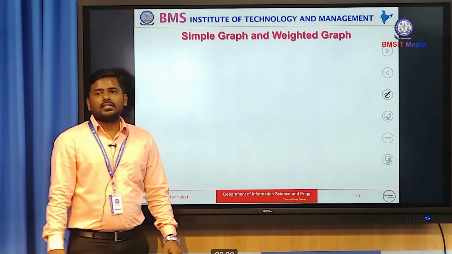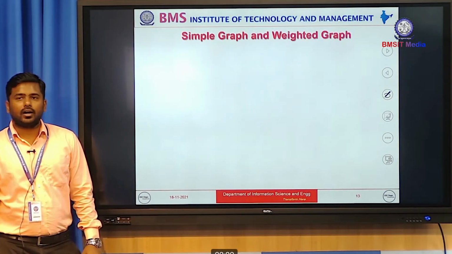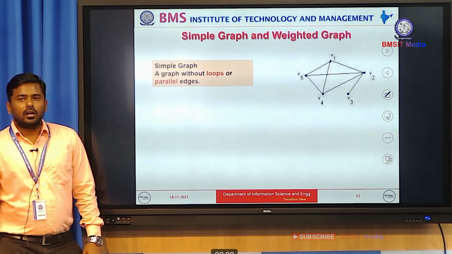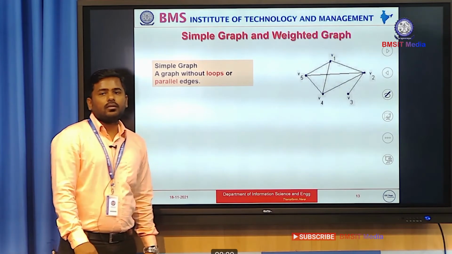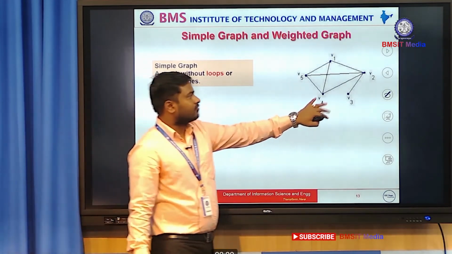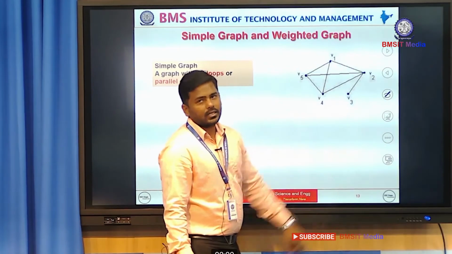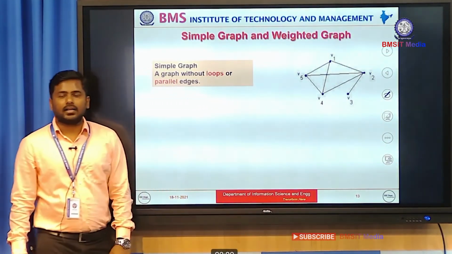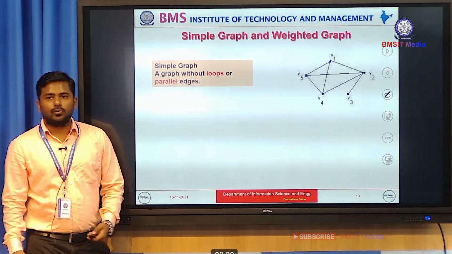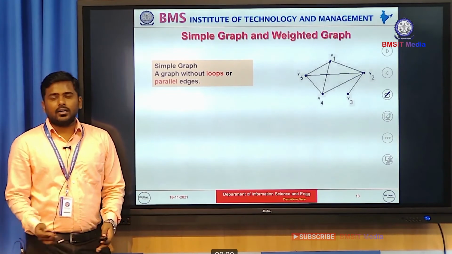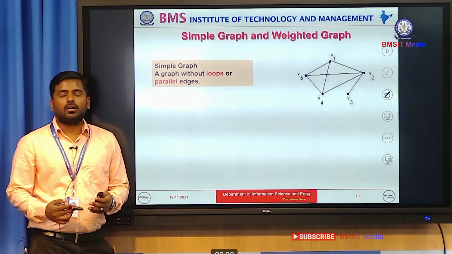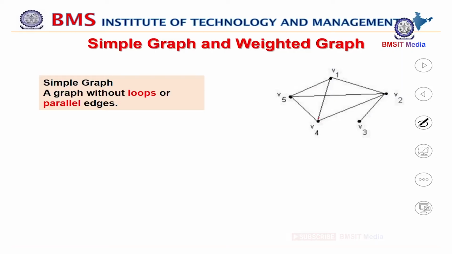Okay. Now, let us see what is a simple graph and what is a weighted graph. We say a graph G is a simple graph if it does not have any loops or parallel edges. I have told what a loop and parallel edges are. Parallel edges are when there is more than one edge for a pair of vertices.